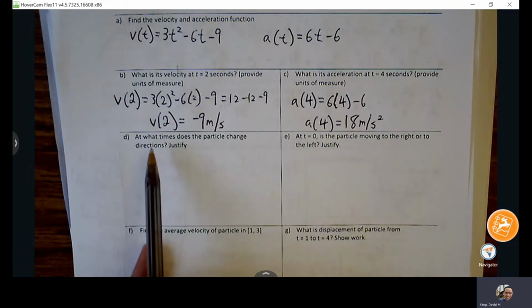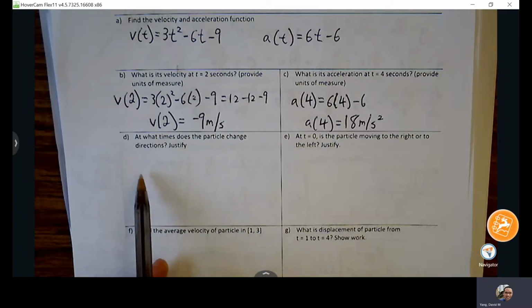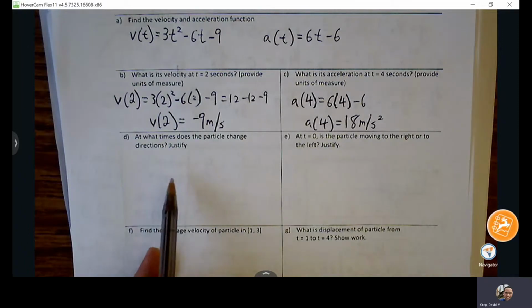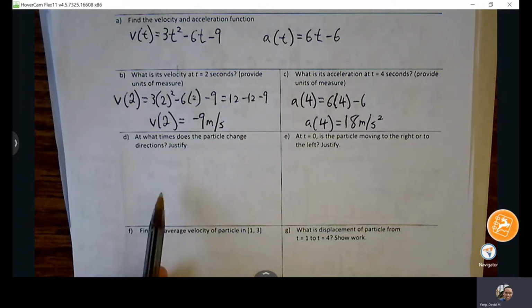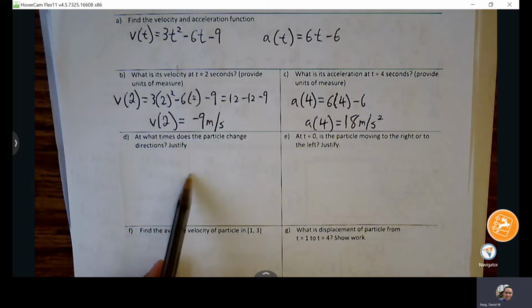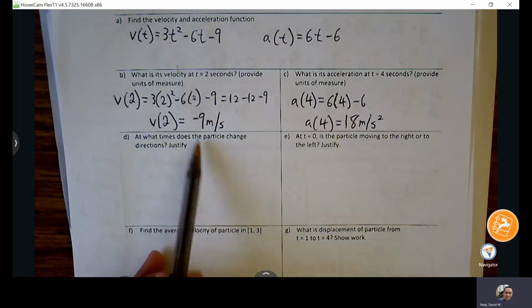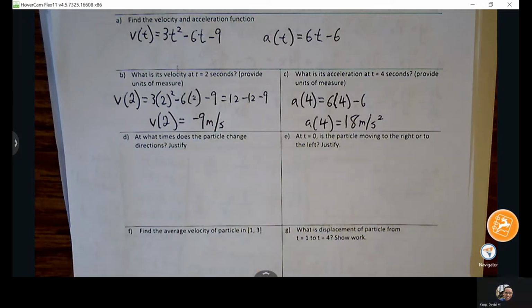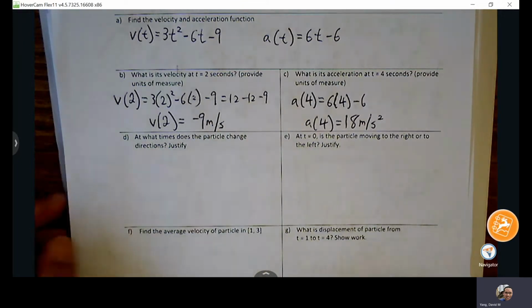So we have to find when velocity equals 0, find those critical points, then populate them onto our velocity sign line, and then test each of the subintervals of the sign line, look to see if there's a sign change, and then conclude whether there's any change in direction. Right, so multiple steps here.